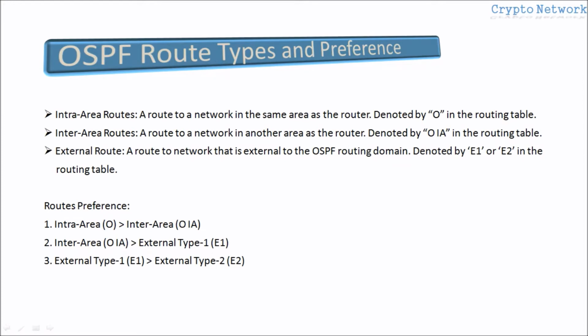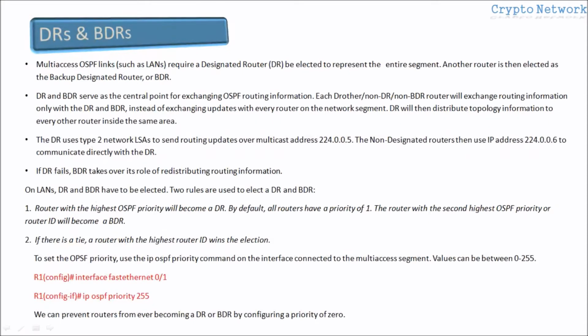So what are DR and BDR? What are the roles of the designated router and backup designated router in OSPF? Based on the network type, an OSPF router can elect one router to be a designated router and one router to be a backup designated router.